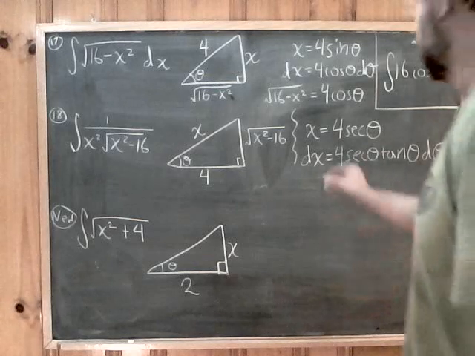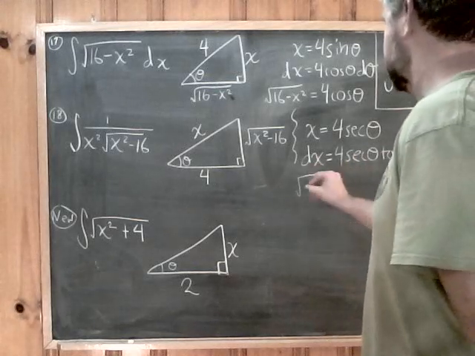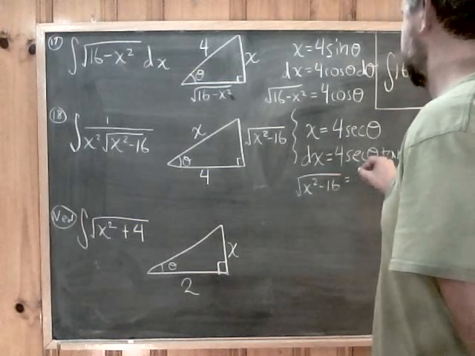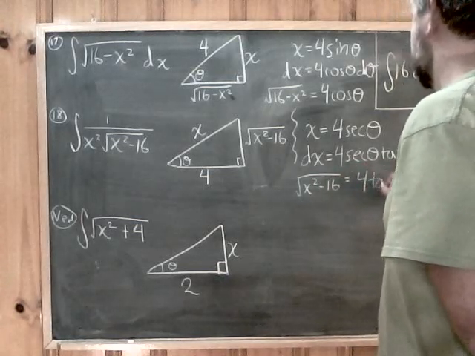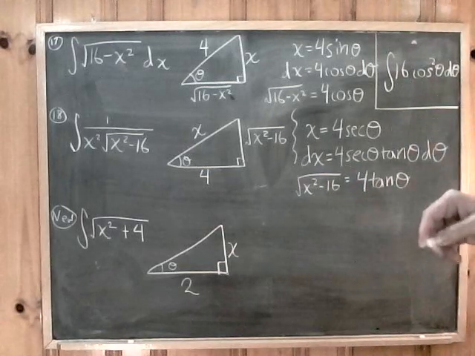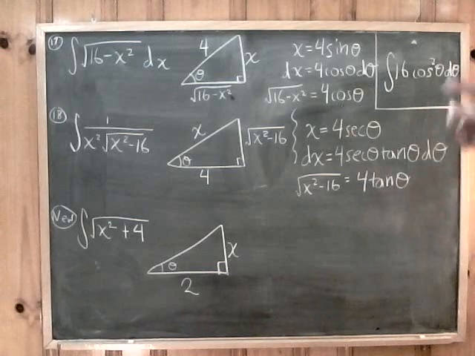So I can write square root x squared minus 16 equals 4 times tangent theta. Check that that works. Just divide through both sides by 4 and then look back at the triangle for opposite over adjacent.